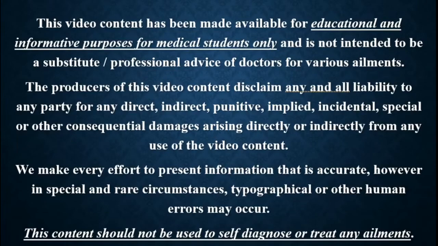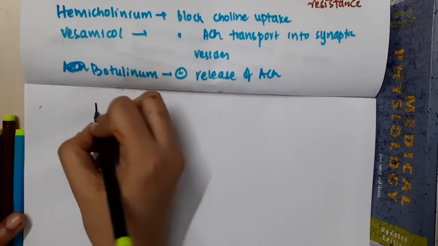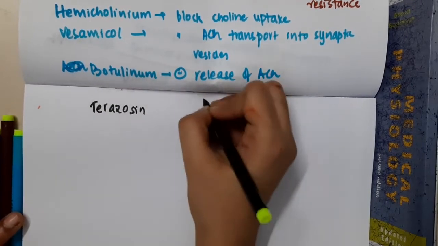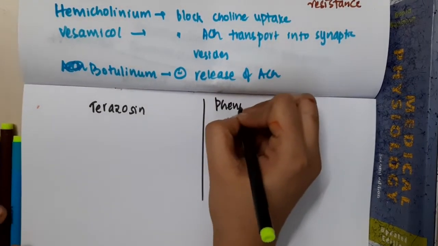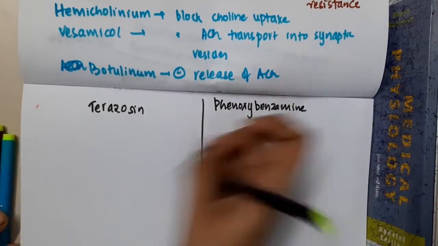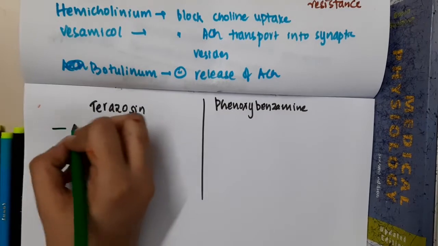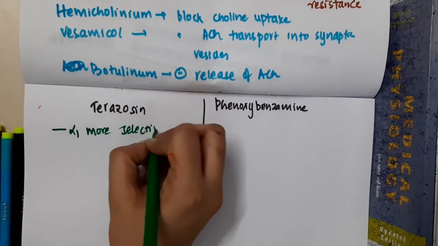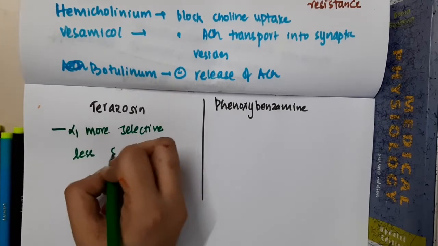In this lecture, we will learn the differences between terazosin and phenoxybenzamine. Terazosin is more selective for alpha 1, and it has fewer side effects.